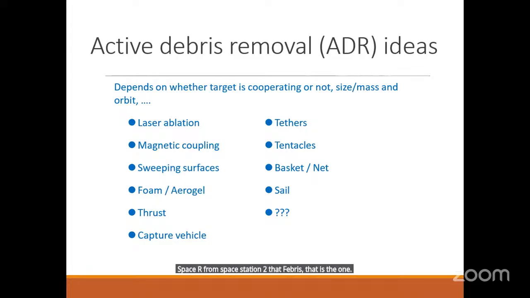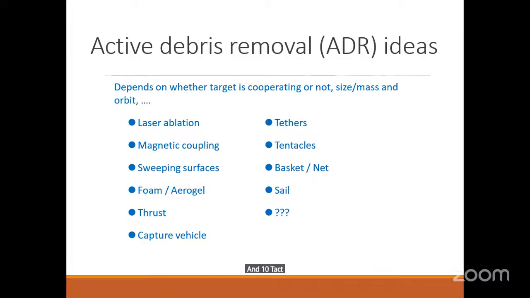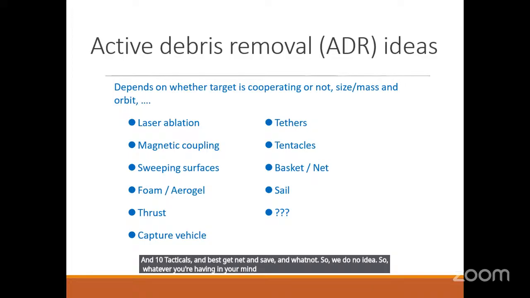Magnetic coupling and sweeping are also possibilities. Foam and aerogel are easy to catch with. And thrust and capture vehicles, tethers, tentacles, baskets, nets, sails and whatnot. We don't know yet, so whatever idea you have in your mind, you can put forward and get funded for a project on debris removal.